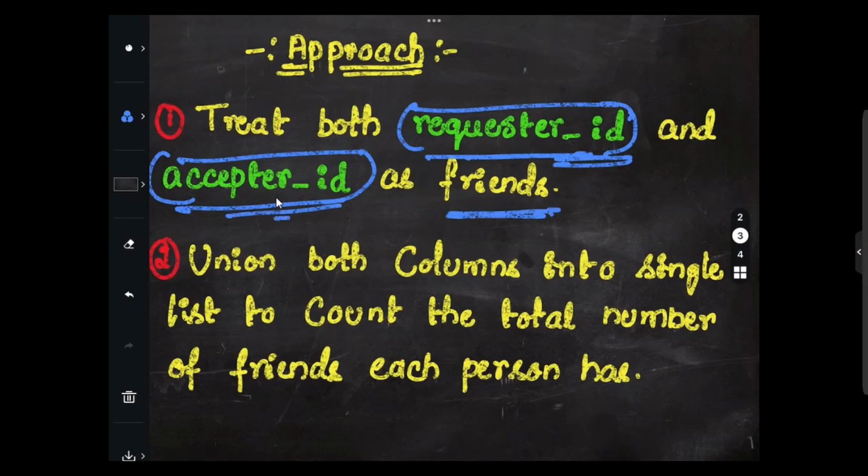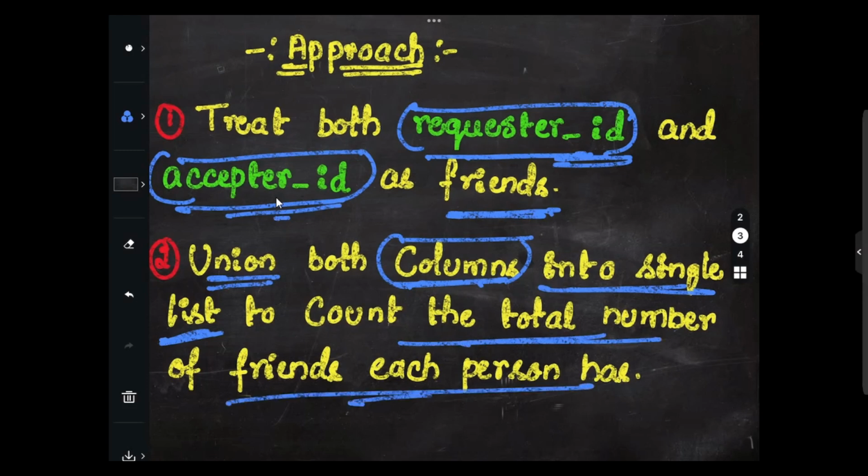The second step is that we will make use of UNION, either UNION ALL or UNION. We will union both columns into a single list to count the total number of friends each person has.